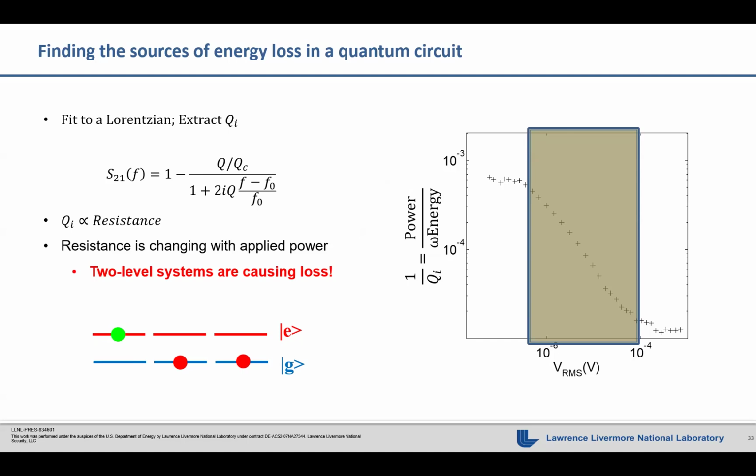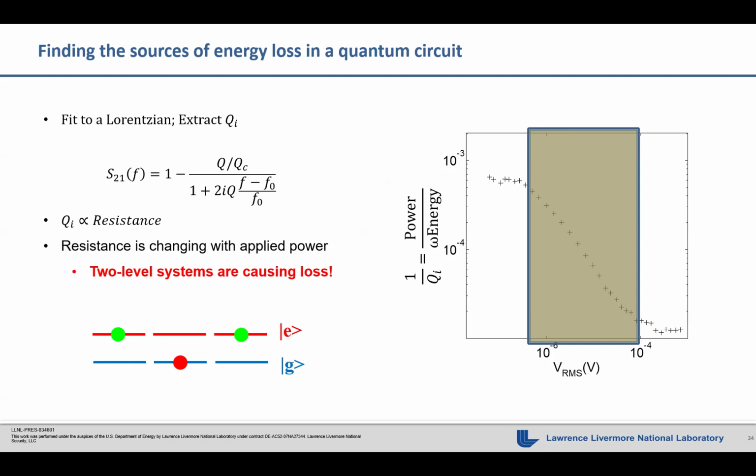But if you start exciting it with many photons, you put a photon in, it excites a 2-level system. You put another photon in, it excites another 2-level system. If you try to put a 3rd photon in, it won't have room. It won't be able to excite a 2-level system. You've saturated them.